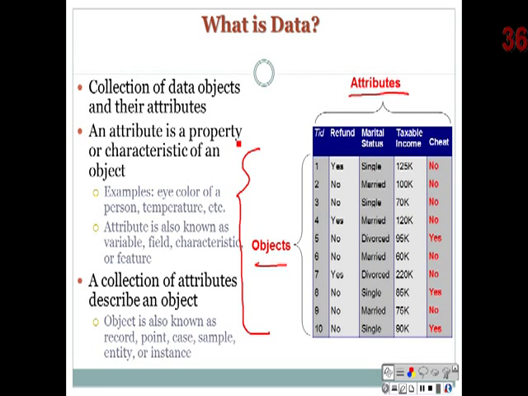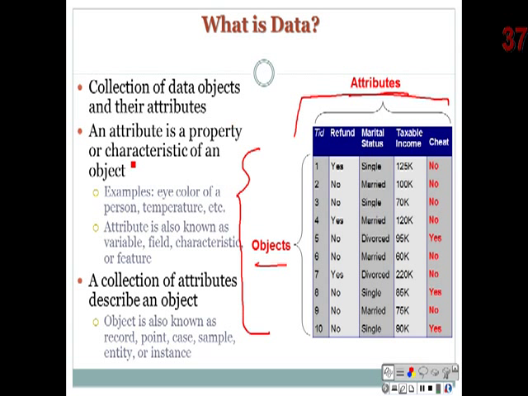If you are using databases or programming languages like Java, you name them variables, but the concept is the same. Here, for example, we have the refund, yes or no, a binary type. We saw this example before actually. It's really simple, just know it's a collection of data objects and their attributes.